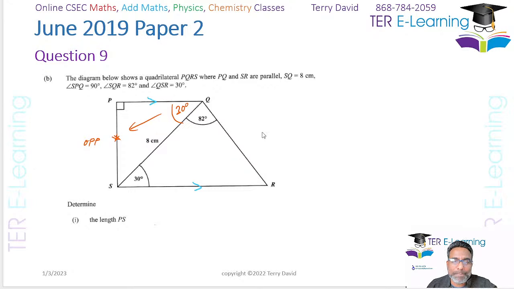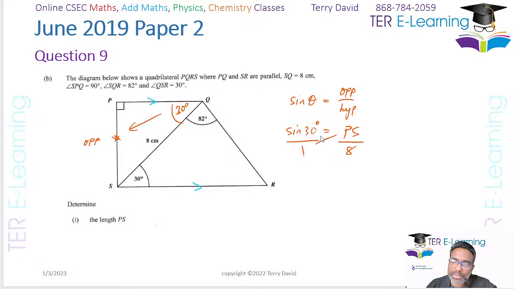We have opposite and hypotenuse, so to figure out PS, I'm going to use sine. So sine theta is opposite over hypotenuse. Sine theta is equal to PS, which we don't know, over the hypotenuse, which is 8.